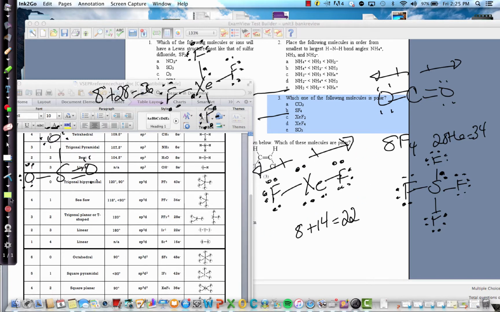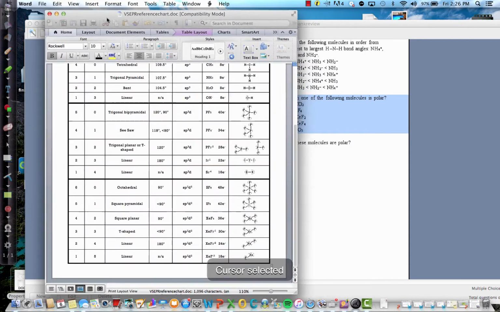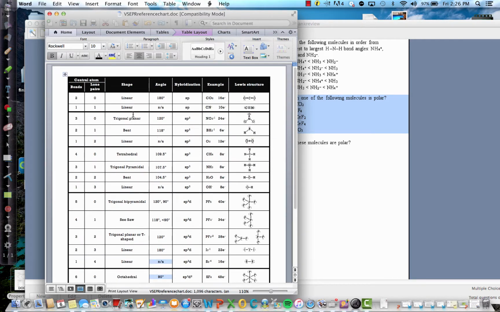So really quick, this might be helpful to you. I'll just go through the list and show you which ones are going to be polar shapes. Okay, linear will pretty much always be nonpolar unless the atoms are different. So any linear, and this includes this one, this one, this one, any linear shape is going to typically be nonpolar unless, of course, the atoms are different.